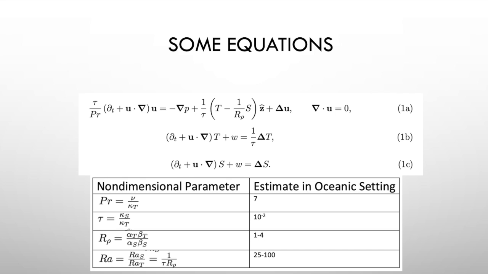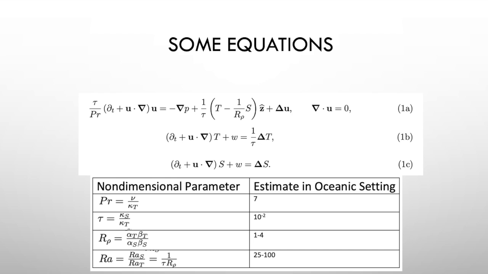For time reasons, I'm not going to go through all of this in depth, but I just wanted to show you that the equations used to model the salt fingering are the incompressible Navier-Stokes equations that we've seen in class. The only difference is that equation 1c is an equation for salinity in addition to our temperature equation, as well as there's a salinity component in the momentum equation.